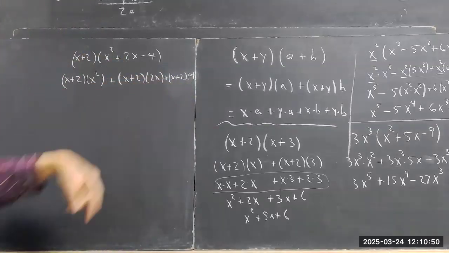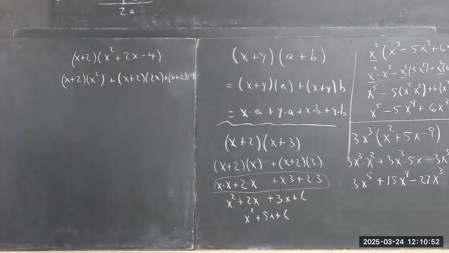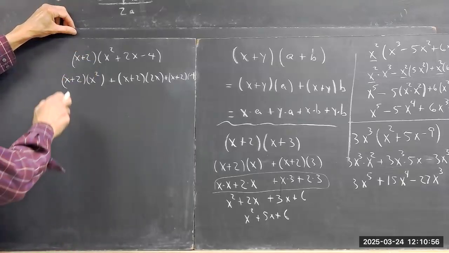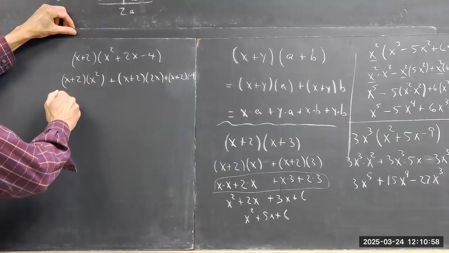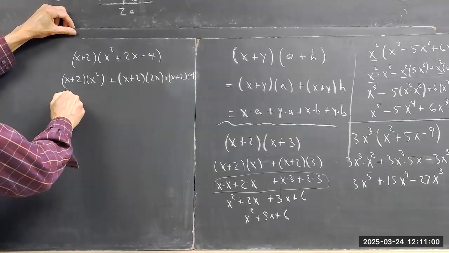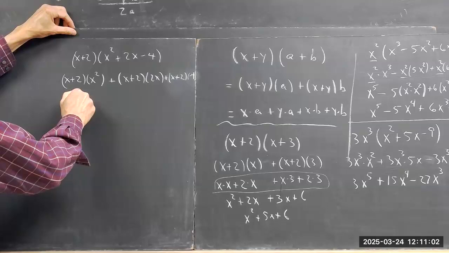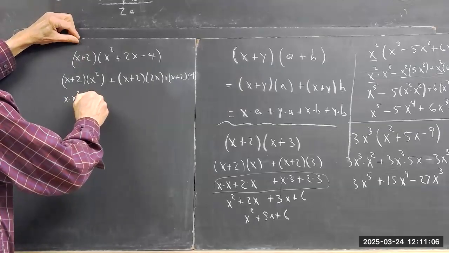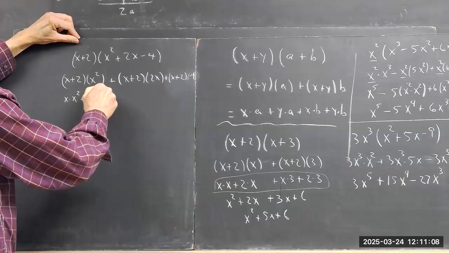Okay, then we have x plus two times x squared. What do we do with that? Well, x multiplies the x squared, which gives us x times x squared. And two multiplies x squared, so we do 2 times x squared.